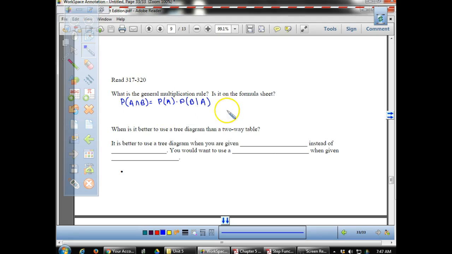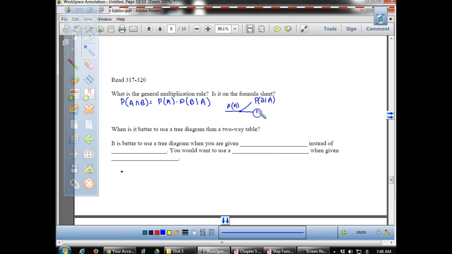So you would start with the probability of A, and then the next branch is going to basically say the probability for B to occur given that A has already occurred, because you're traveling down this branch.